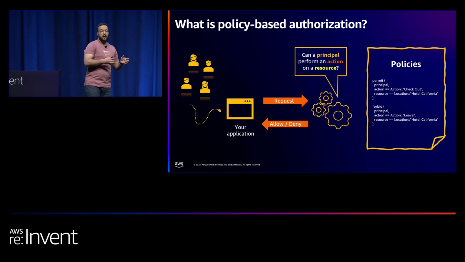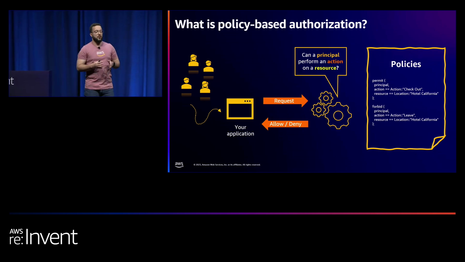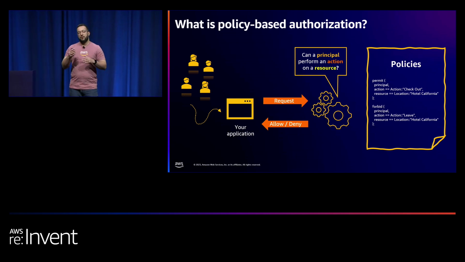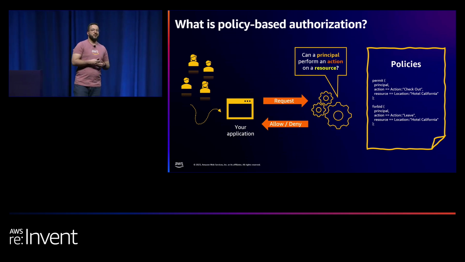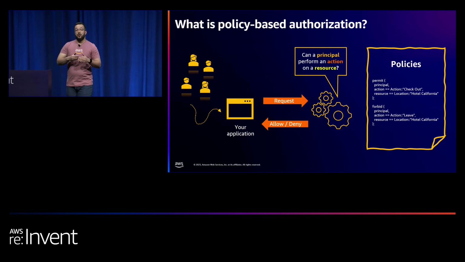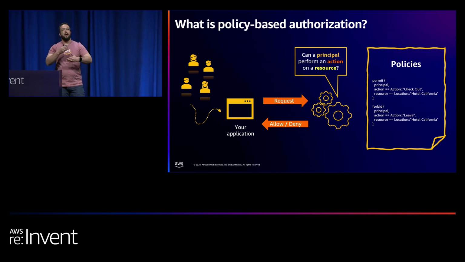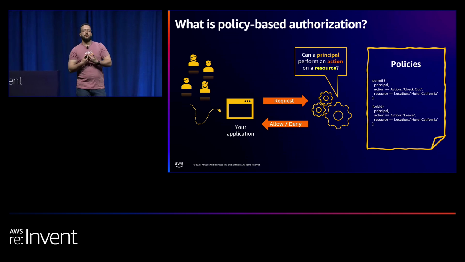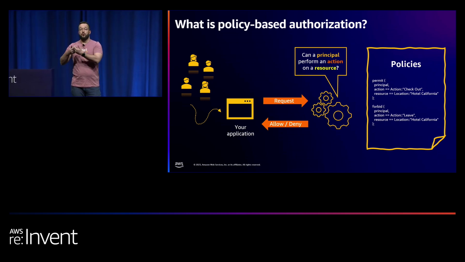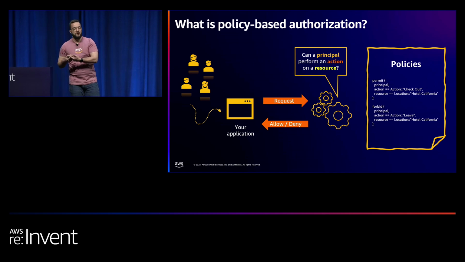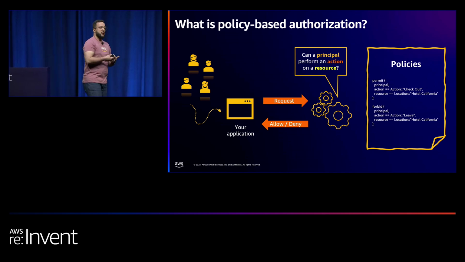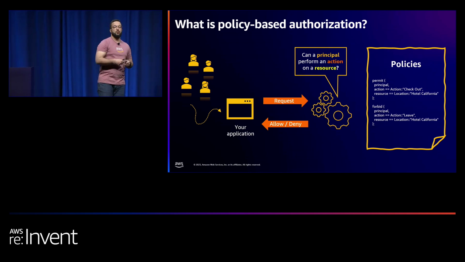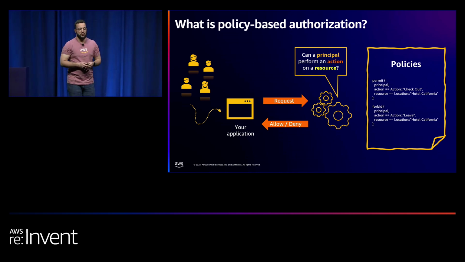But the analogy with IAM is actually very good because we are talking about policy-based authorization. If you think about AWS Identity and Access Management, the evaluation engine that is behind and evaluating those policies is exactly the thing that we will be showing today, but built on top of something different and a different service. And when you are writing those IAM policies, you are writing them in JSON and then uploading them to the authorization engine for verification.